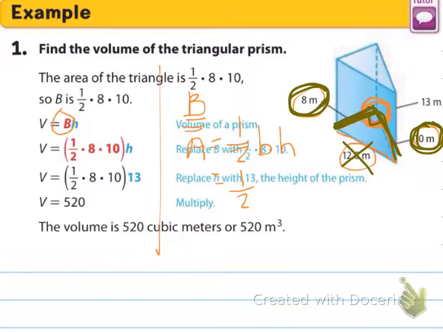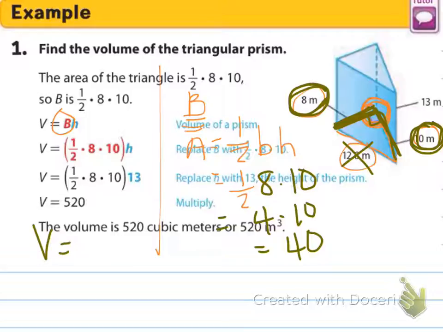So I'm going to do 1/2 times 8 times 10. And so half of 8 is 4, 4 times 10 is 40. So that's just a start. So I found the base, the big B. So my big B is 40.